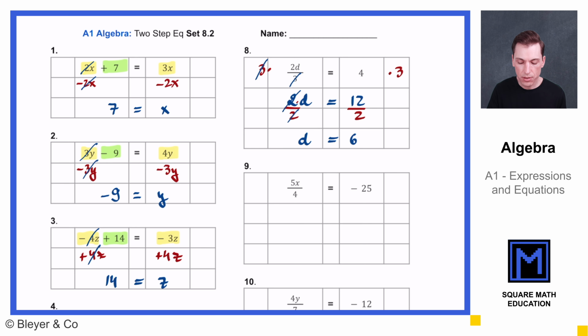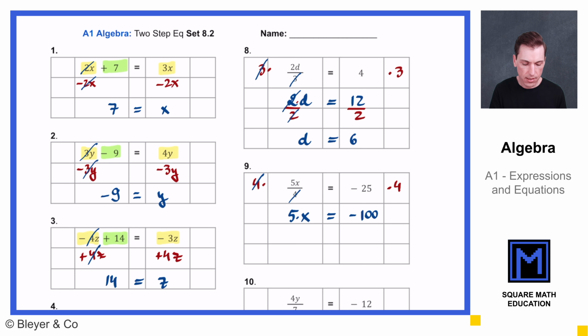I'm going to start undoing the division by multiplying by 4 on both sides of my equation. 4 divided by 4 is 1, so that is left. 5 times x equals minus 25 multiplied by 4, which makes 100.